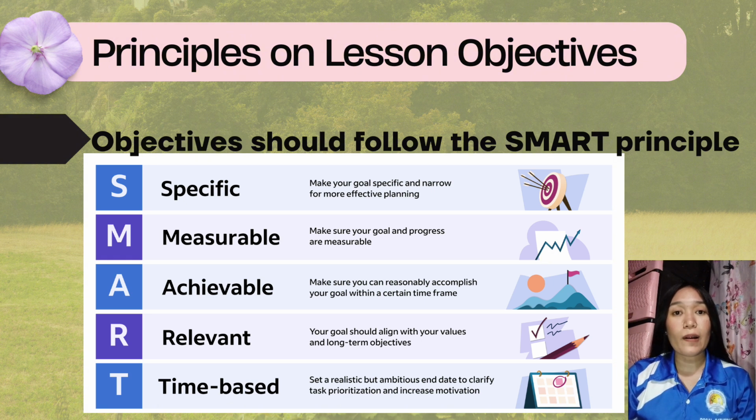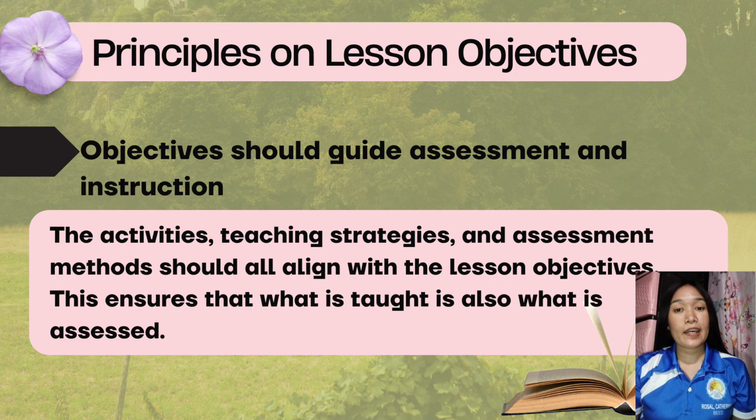Therefore, SMART objectives help teachers plan appropriate activities, monitor learner progress, and create assessments that accurately measure learning. The eighth and final principle is that objectives should guide assessment and instruction.